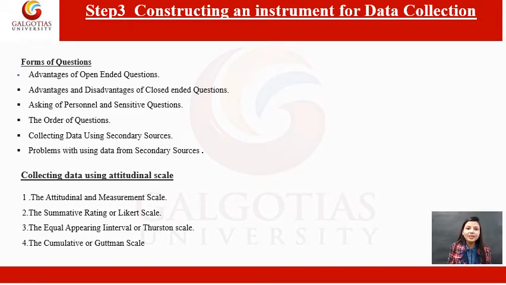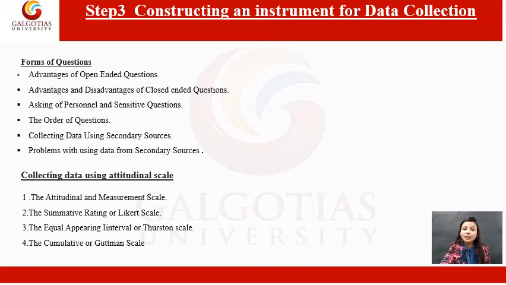So step 3 is constructing an instrument for data collection. There are forms of questions: the advantages of open-ended questions, advantages and disadvantages of close-ended questions, asking personal and sensitive questions, the order of questions, collecting data using secondary sources, and problems with using data from secondary sources.